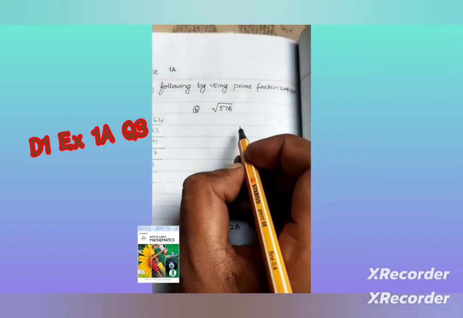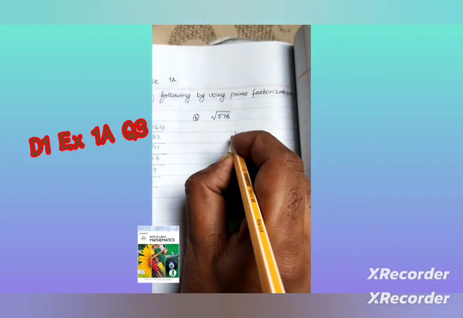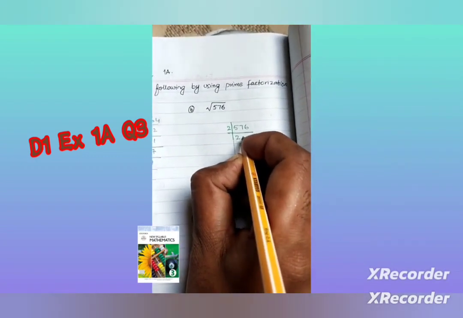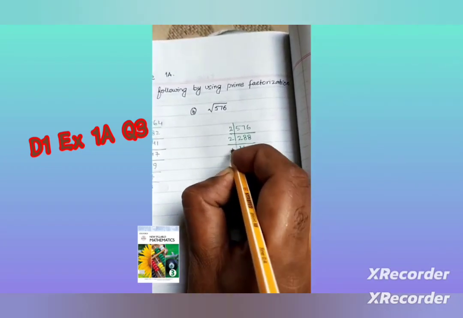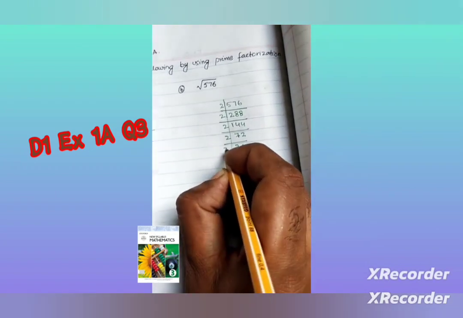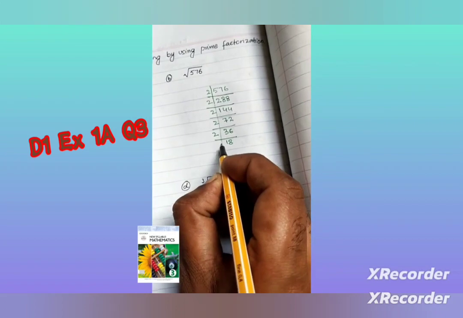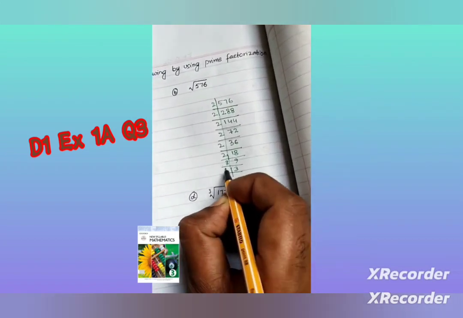Similarly, for question number 2, we have 576. We have to take the LCM: 2, 144, 72, 36, 18, 9, 3 and last 3.